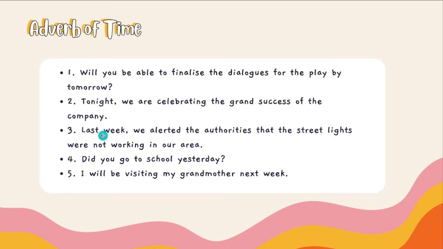Another example is, last week we alerted the authorities that the street lights were not working in our area. The adverb of time here is last week because it answered the question when. So, when did we alert the authorities?